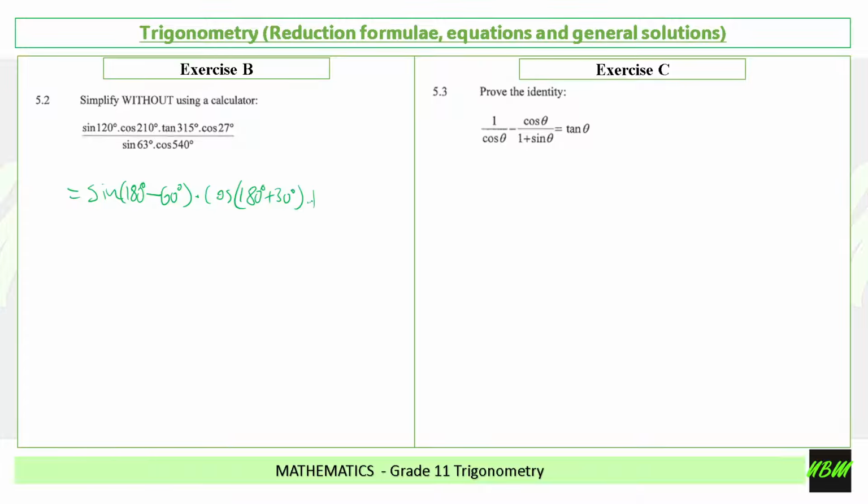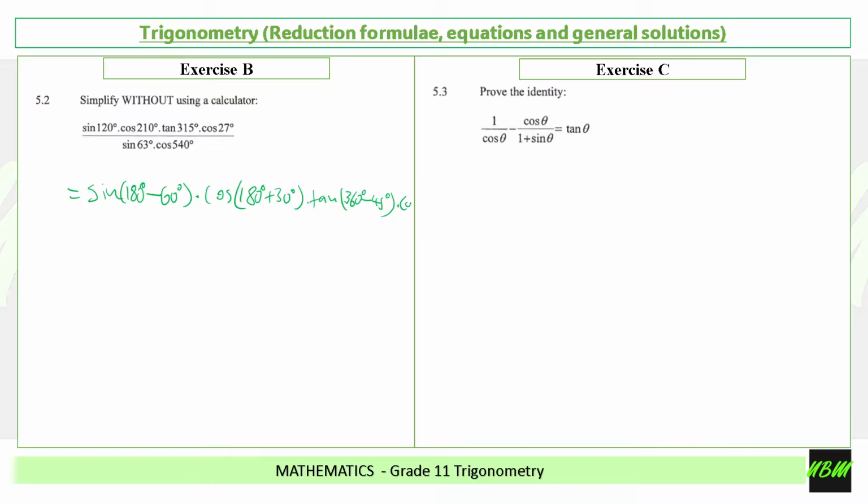Multiplied by tan of 315, which is an angle in the fourth quadrant. In the fourth quadrant, we have the formula 360 degrees minus theta. And we must subtract 45 degrees from 360 to get 315. Multiplied by cos 27 degrees, which is already an acute angle, and that acute angle is not a special angle.